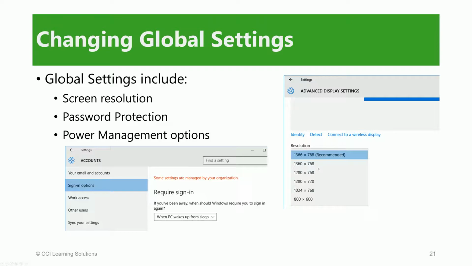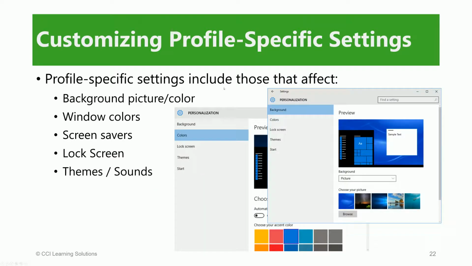And a few slides ago we did see options for power management. Now going on to profile specific settings, those include things such as what we just talked about: background pictures or colors, your window colors, screensavers, lock screen, and themes and sounds. That can be done through the personalization in the settings app.